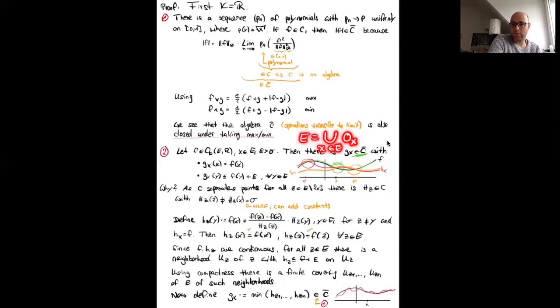Okay, for every point, I take an open set around it. And since x is in that open set, and I do this for all x, E is covered by those. Okay, but E is compact. So finitely many are enough. So this is the same as O_x1, some x1, I don't know which ones, union and so on. So I can cover the space with open sets.